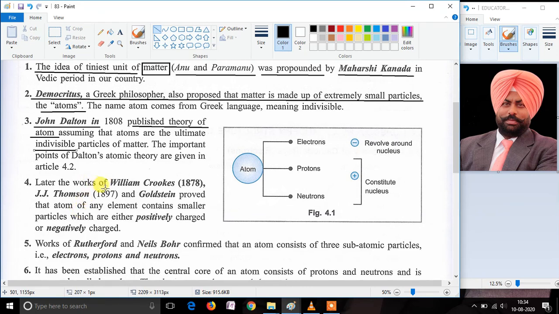Later on, William Crookes, J.J. Thomson and Goldstein, these three scientists, discovered that the different subatomic particles present in the atom, which are electrons, protons and neutrons, have different sorts of charges.